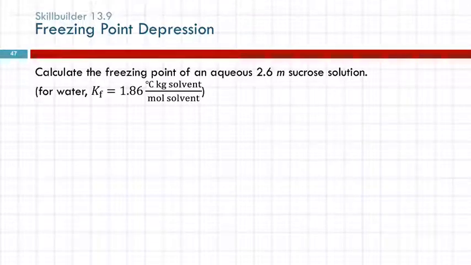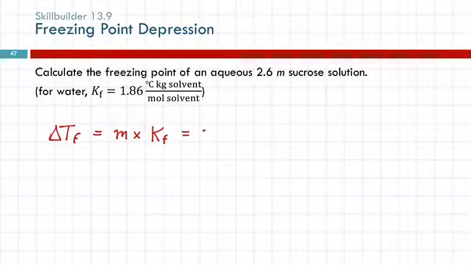So calculate the freezing point of an aqueous 2.6 molal sucrose solution. And here we're given the freezing point depression constant. So the change in the freezing point, delta TF, equals the molality times the freezing point depression constant. So the molality was 2.6.